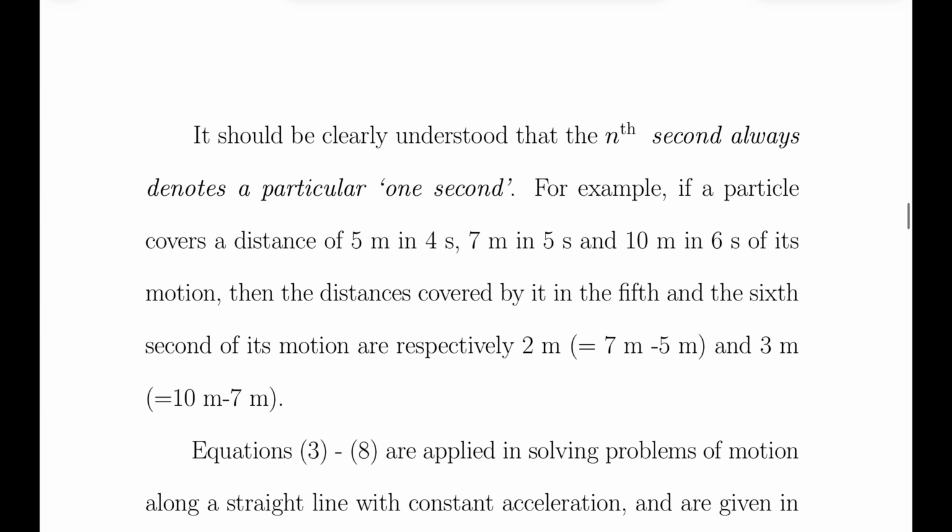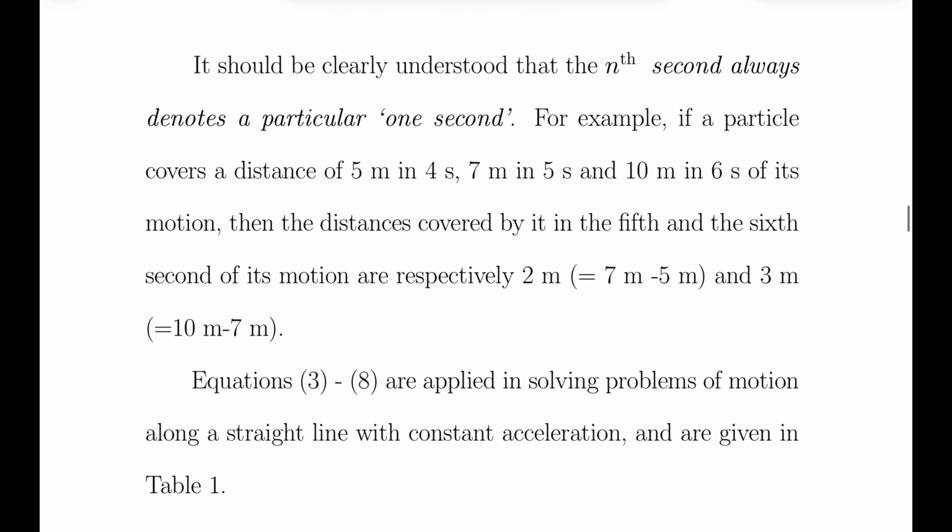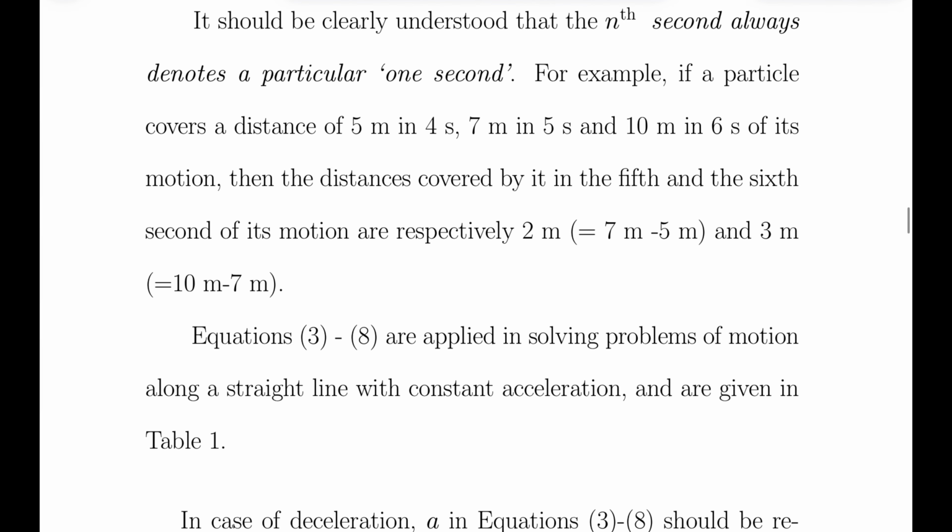So let me emphasize that the nth second always denotes a particular 1 second. For example, if a particle covers a distance of 5 meters in 4 seconds, 7 meters in 5 seconds, and 10 meters in 6 seconds of its motion, then the distances covered by it in the 5th and 6th seconds are respectively 2 meter, that is 7 meter minus 5 meter, and 3 meter, that is 10 meter minus 7 meter.